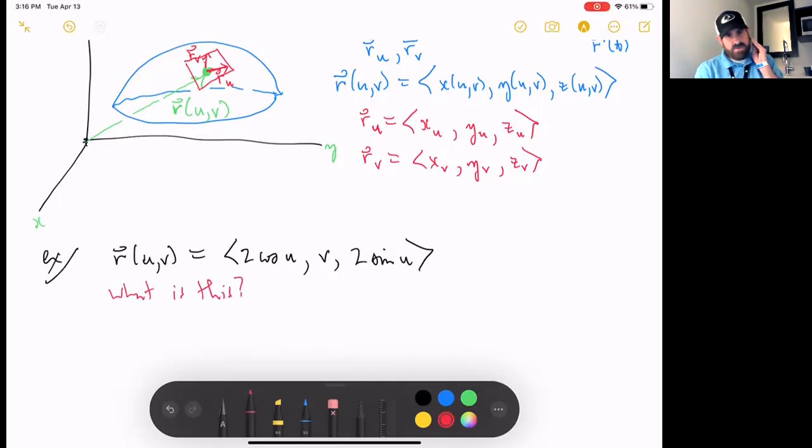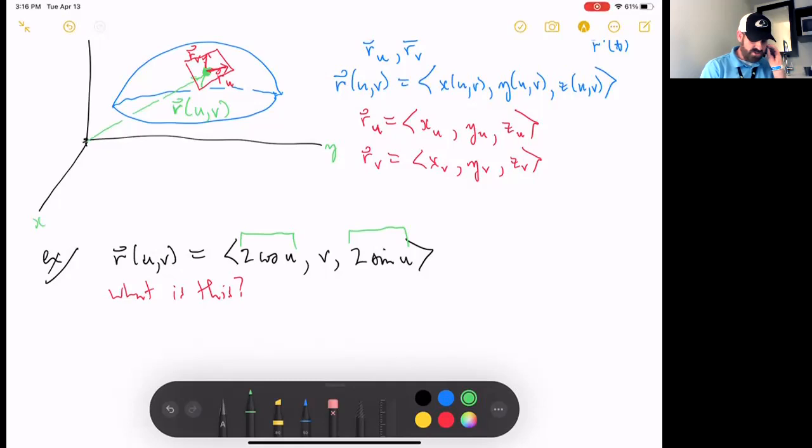If you think about the x and the z coordinates, and you think about what you're going to get if u moves around, you are going to get a circle of radius 2.